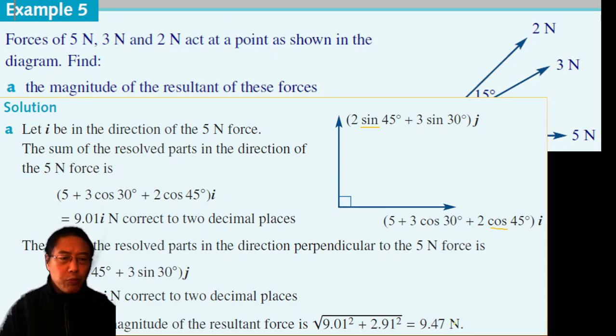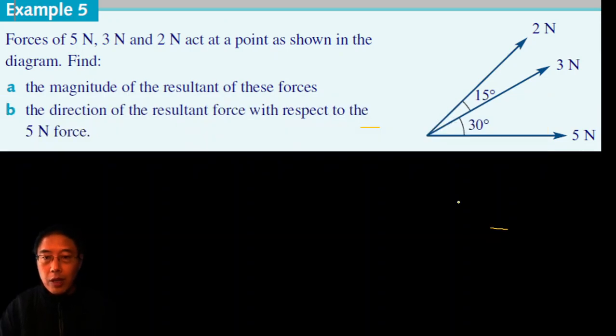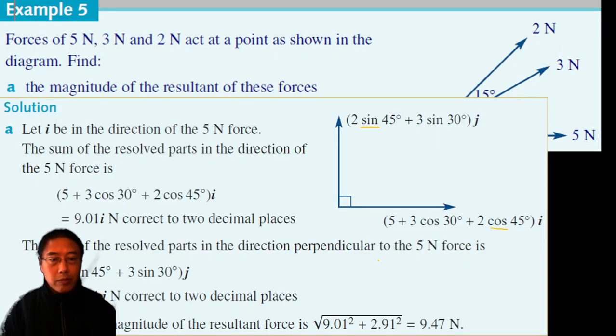To be a little bit more precise, I will keep the estimate from the CAS calculator on screen to reuse that, and then to find the, hang on, let me refresh. So we want to find the direction, so we want to find the angle, so we need to keep those.